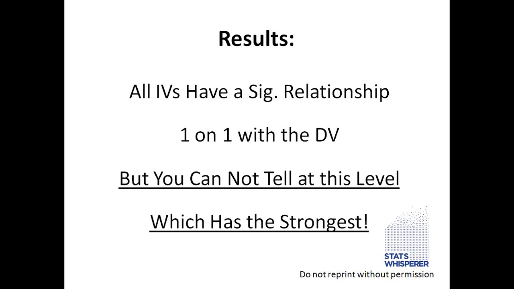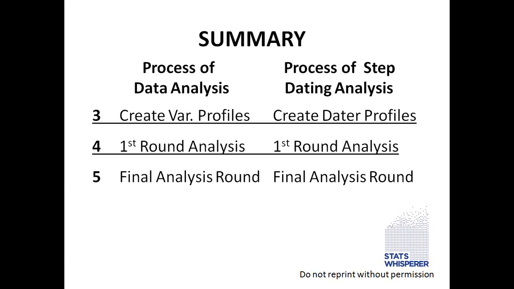You could say they're all related, but you can't say which one has the strongest relationship with happiness, which is perplexing. So in step 5, the final analysis round, that's what we'll be able to determine. In step 4, we identified that all these variables had a significant one-on-one relationship with happiness, but we can't say which really impacts happiness more than anything else.